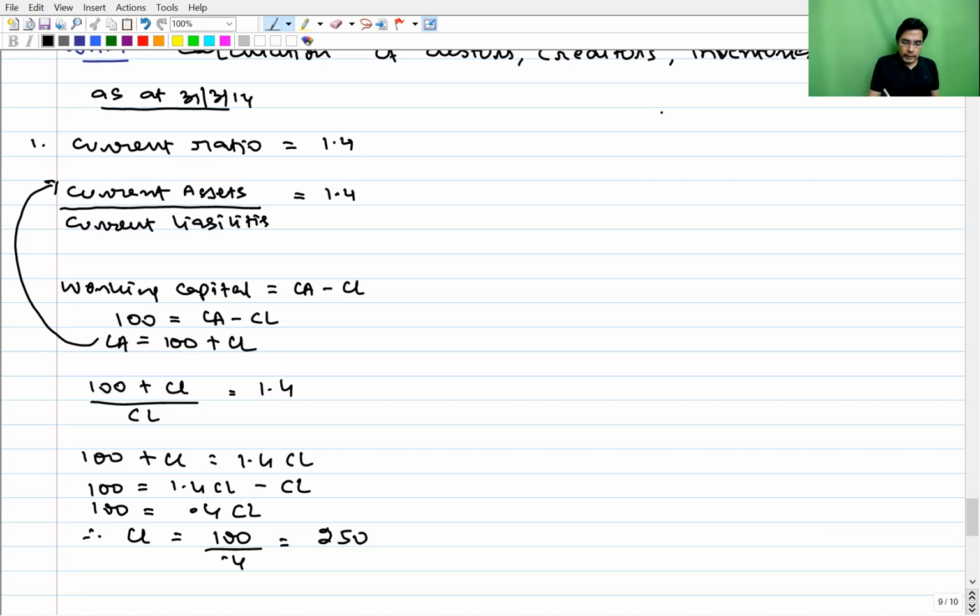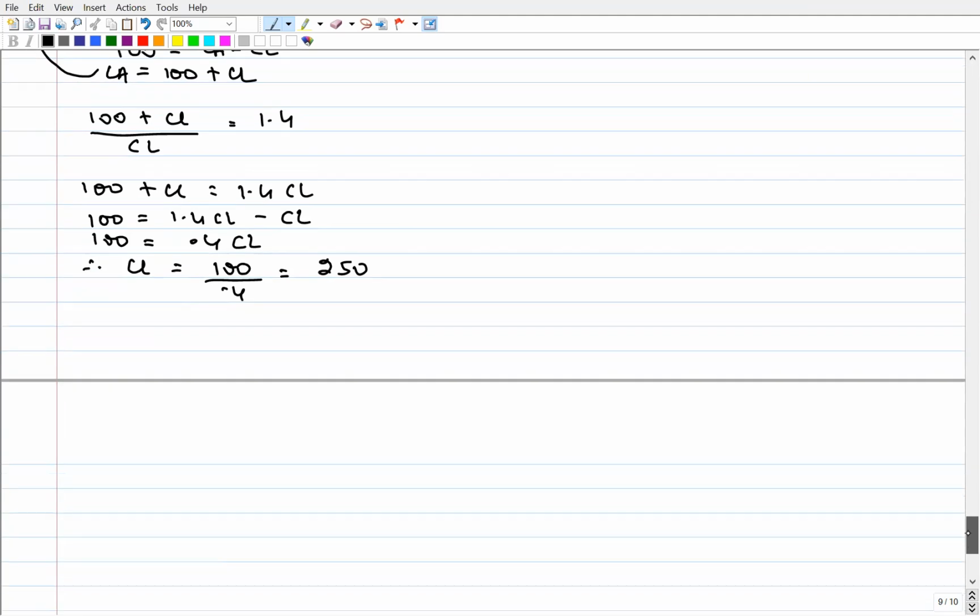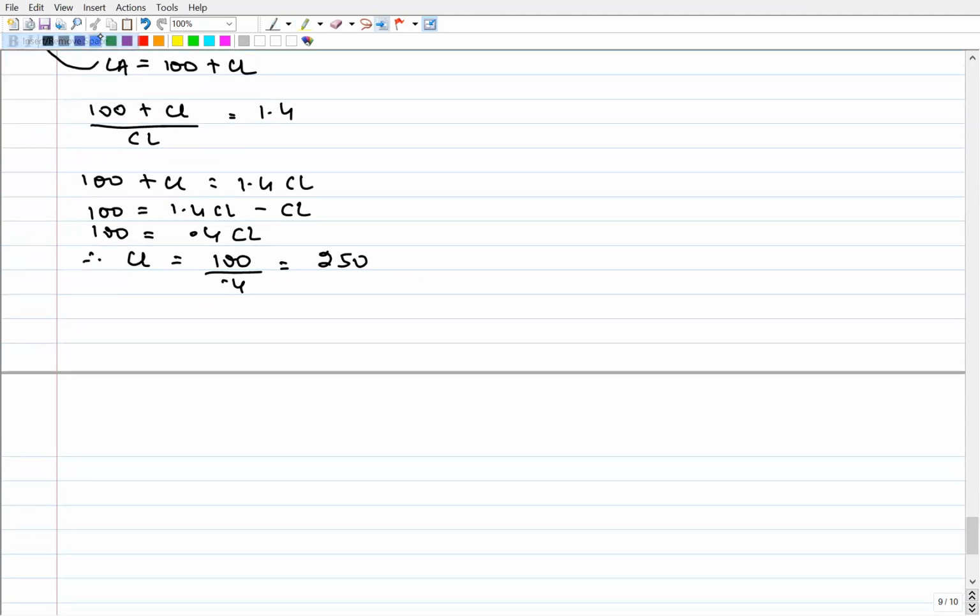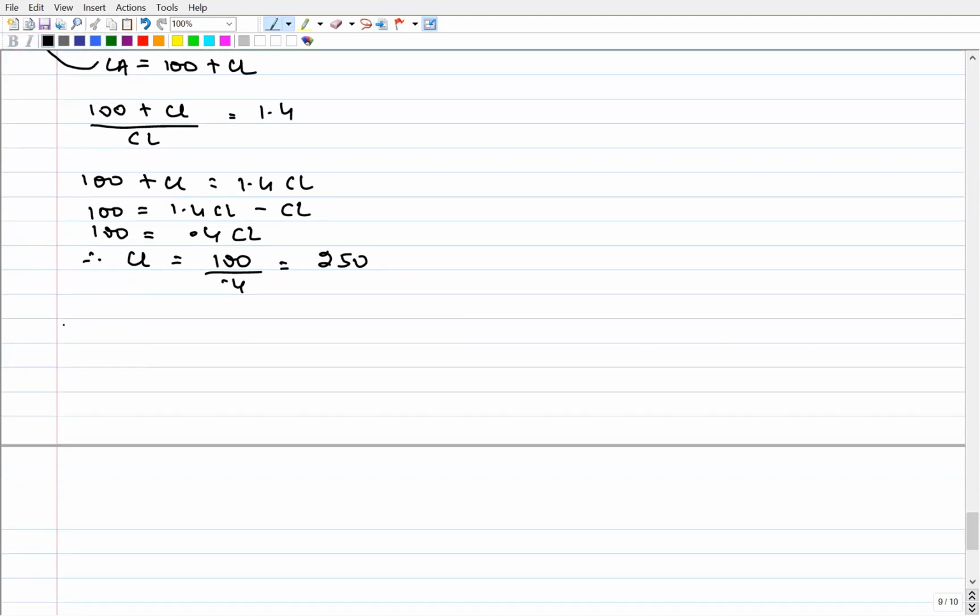So this is the balance of total opening current liability. Now, if total opening current liability is 250, how much will be current assets? Current assets will be 100 plus 250, which is equal to 350 lakhs.